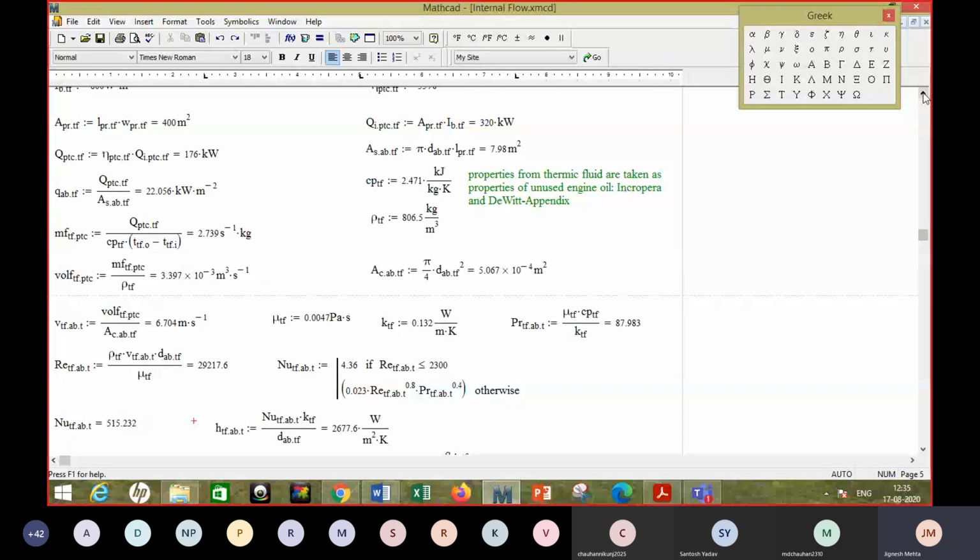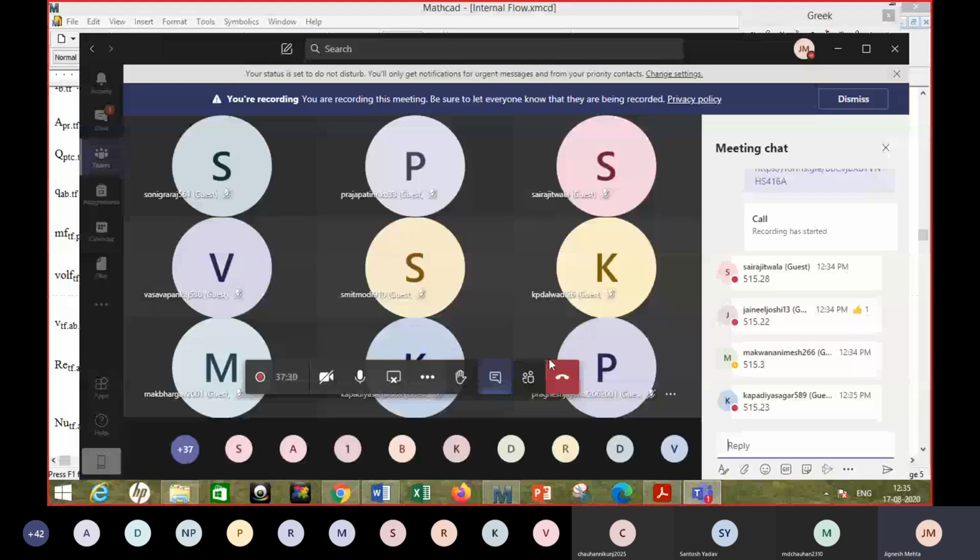Not very bad. Particularly, I think because the velocity is high, you are getting a good heat transfer coefficient. So this is not very low, and it's not much of a worry.